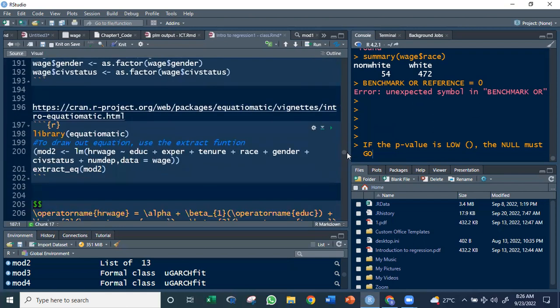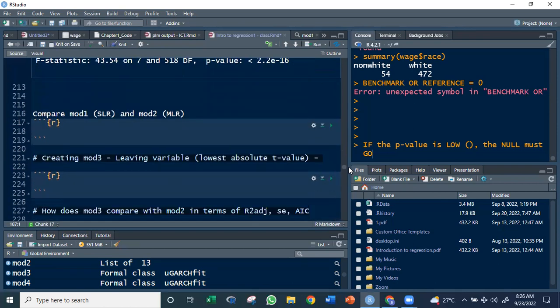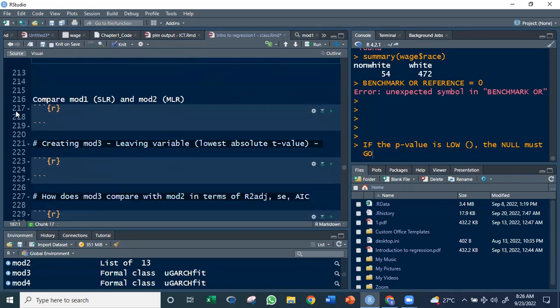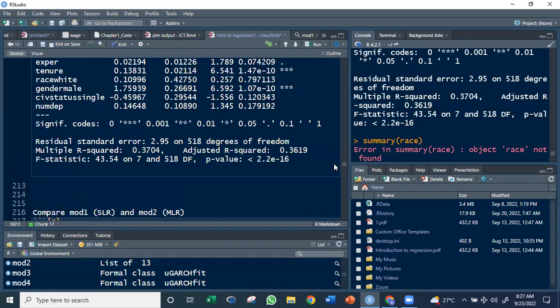Now what we do is, let's go to, okay, na-double pala to. Now, which is better? Model 1, our simple linear regression, or Model 2? If we just look at the adjusted R-squared, of course Model 2 is better, because it explains a larger variation. What is its adjusted R-squared? 36%.